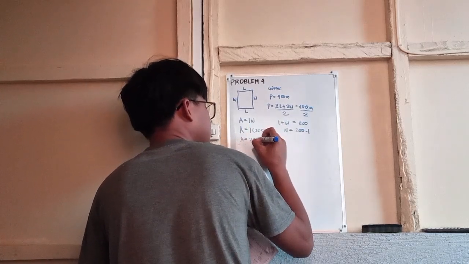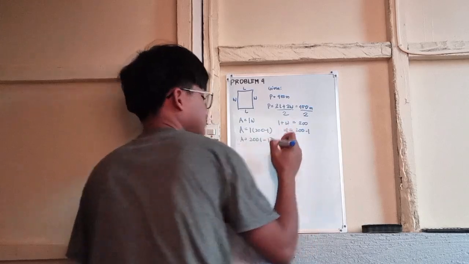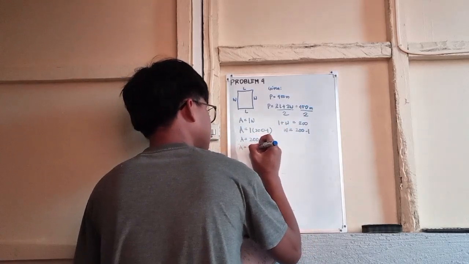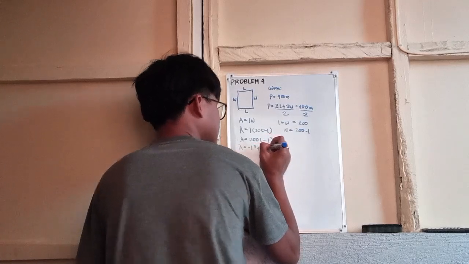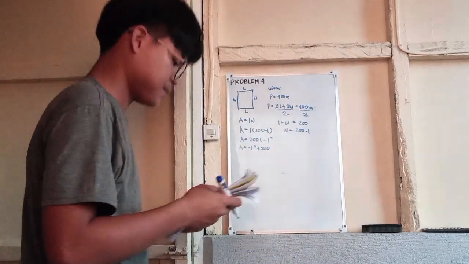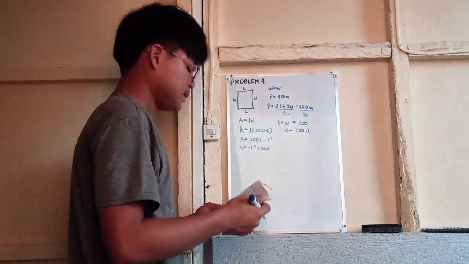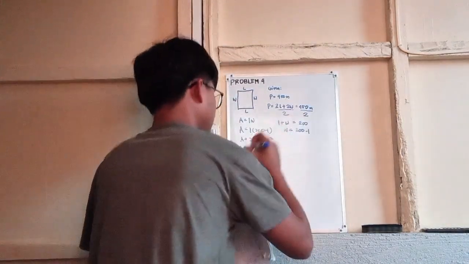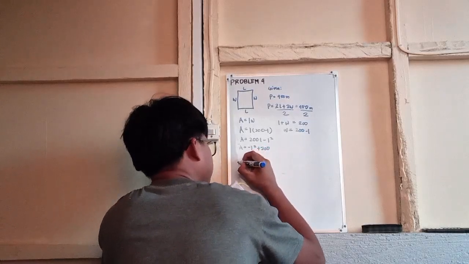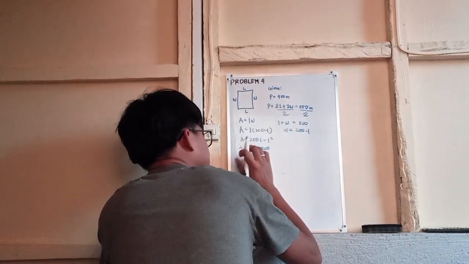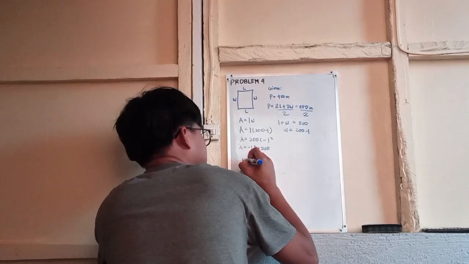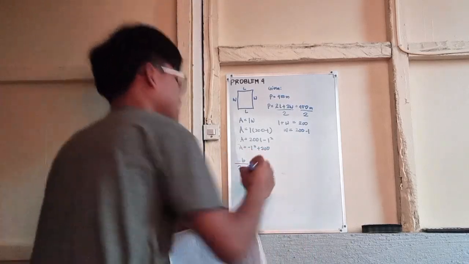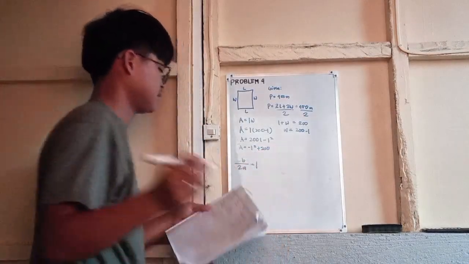We will get 200L minus L squared. Arrange this: negative L squared plus 200L. Then we will use the formula for the vertex, negative B over 2A, so that we can get the value of L.